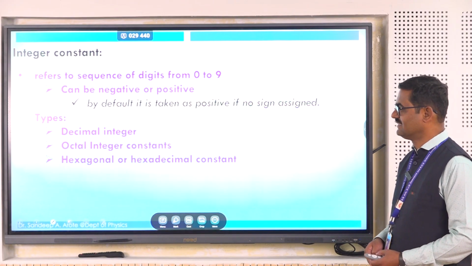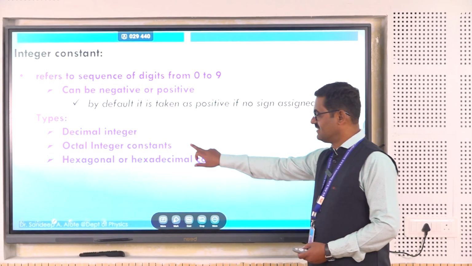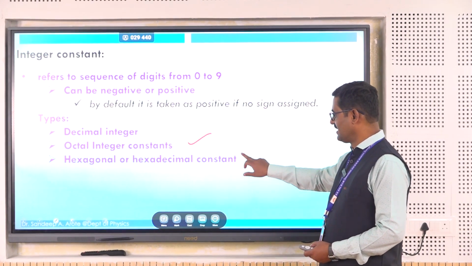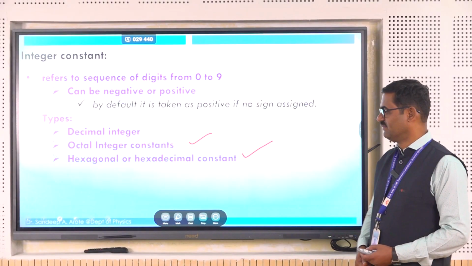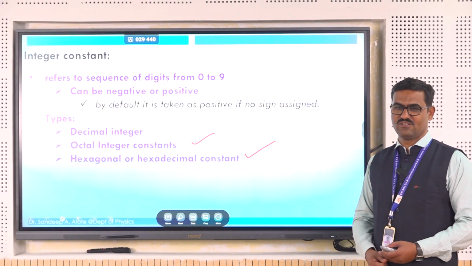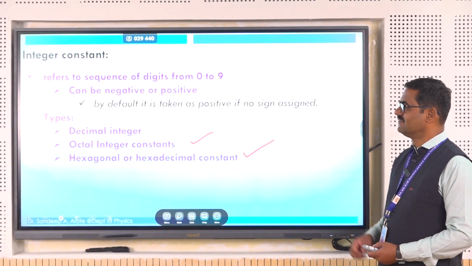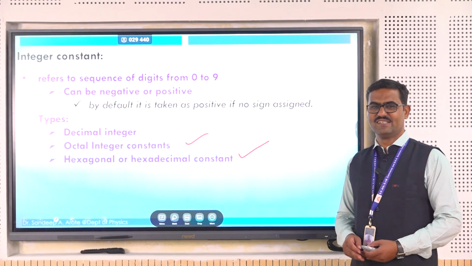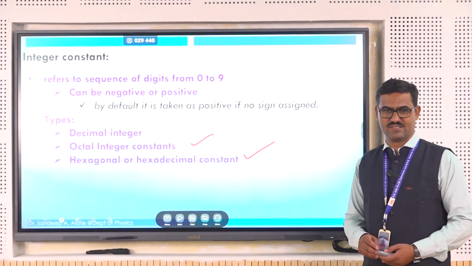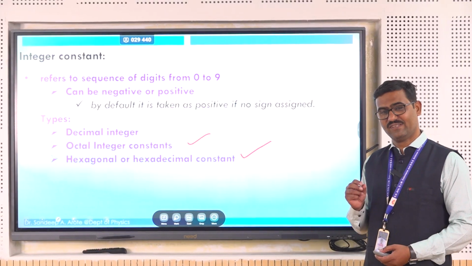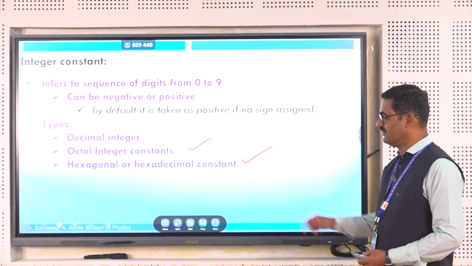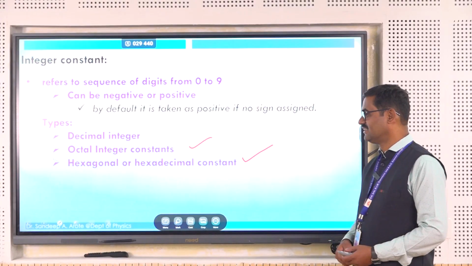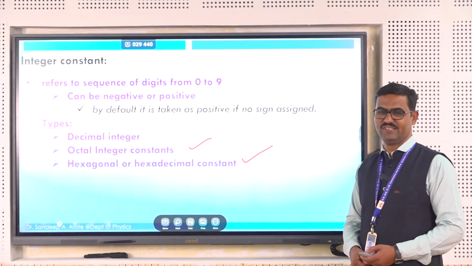The first is decimal integer constant, the second is octal integer constant and the third is hexadecimal integer constant. By default, a decimal integer constant is known as an integer constant, but if you specify it clearly, then you can use it as an octal or hexadecimal integer constant.